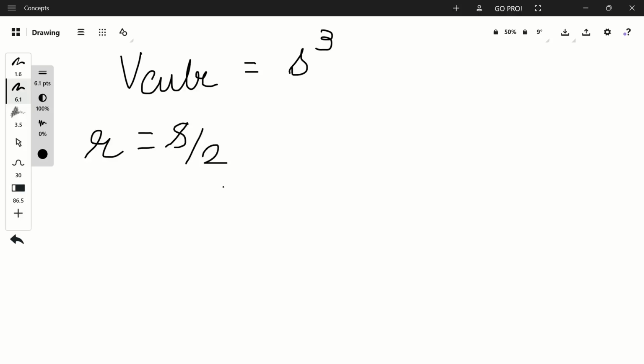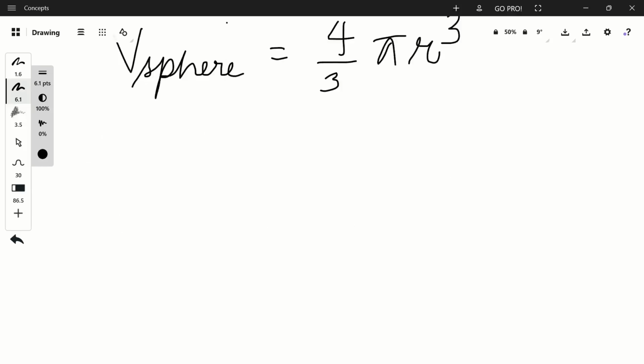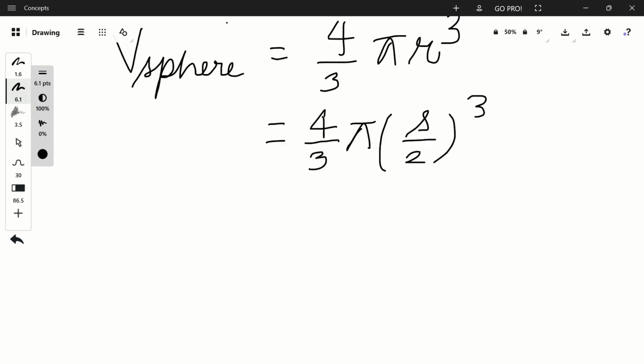The formula for volume of a sphere is 4 by 3 pi r cube, which is 4 by 3 pi into S by 2 whole cube, which is equal to pi S cube upon 6.